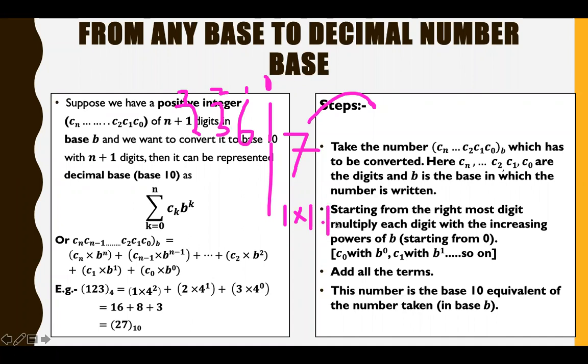Then take the next digit 6, with 1 above it, so multiply it with 7 to the power 1, which is 7. The third digit has power 2 above it, so 3 into 49, since 7 square is 49. For the last you do 2 into 7 cube. Similarly you add these and you'll get the answer.